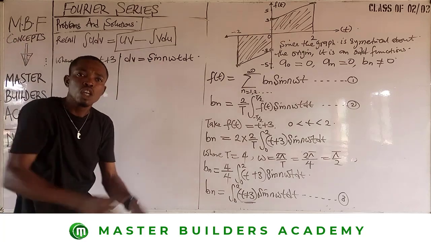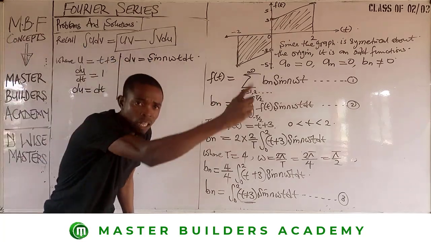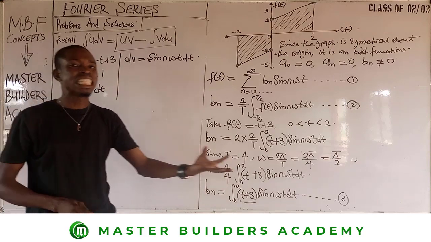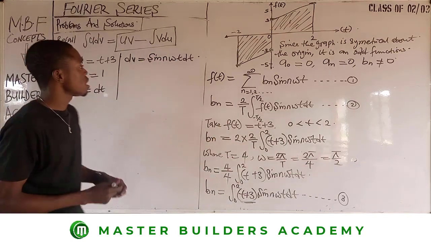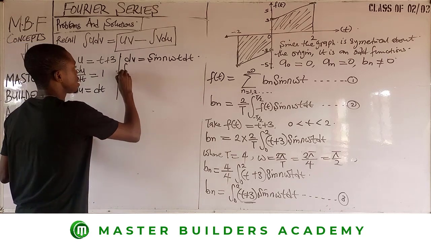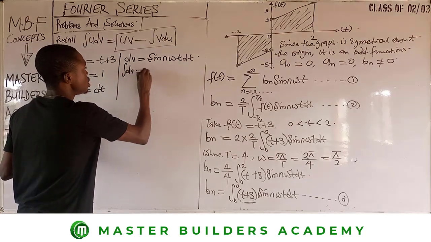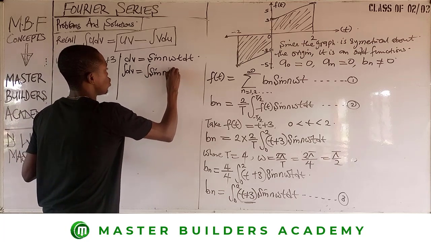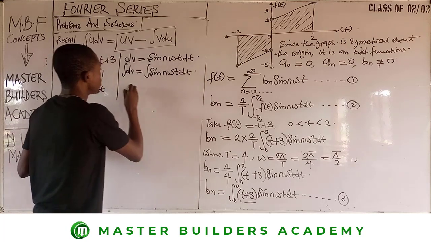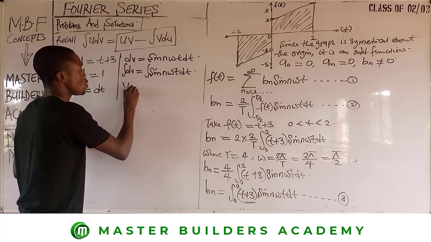I only have v. So how do I obtain v from dv? You need to integrate dv so that you can have v. How do we do this? All we just need to do now is to introduce integral dv is equal to integral of sine n omega t dt. Now when you integrate dv, you have v.